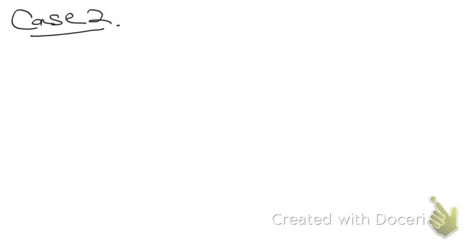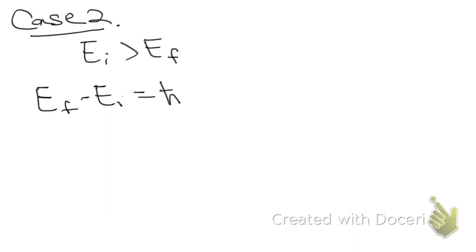In this case, if the energy of state I, EI, is greater than the energy of state F, then the energy difference, let me write it again, EF minus EI is equal to h bar omega fi. In this scenario, where EI is greater than EF, the difference is going to be negative.